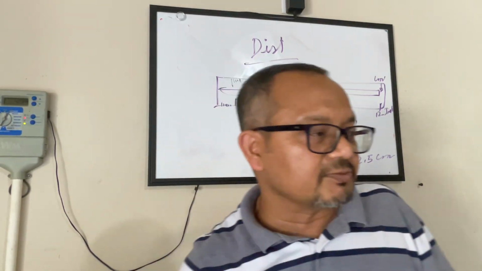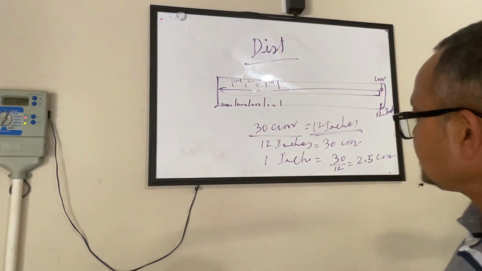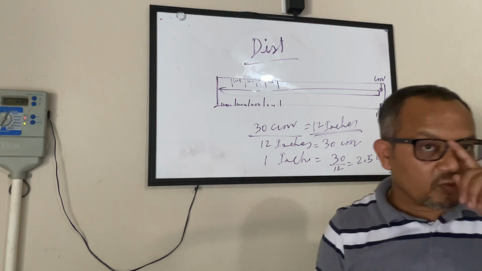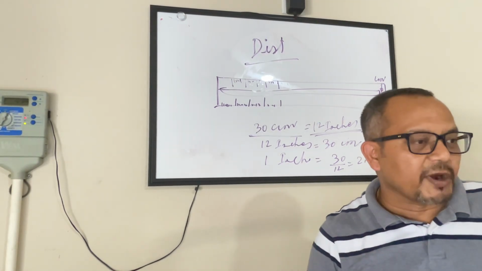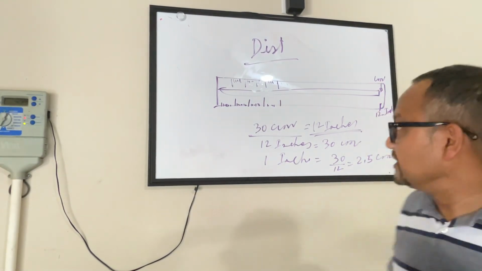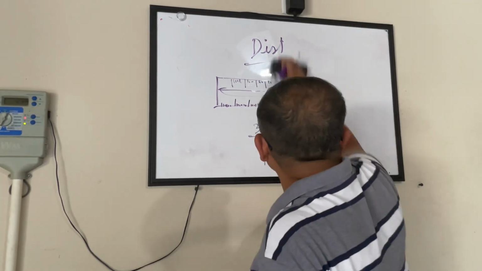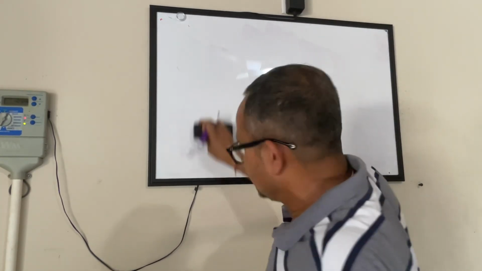So let's do one more sum, okay? What I would want you guys to remember is 1 inch equals 2.5 centimeters. Now, I am giving you guys two problems to solve.